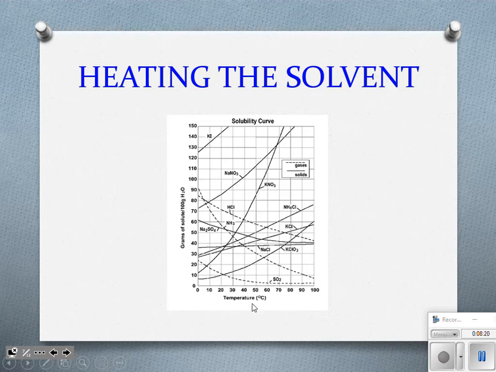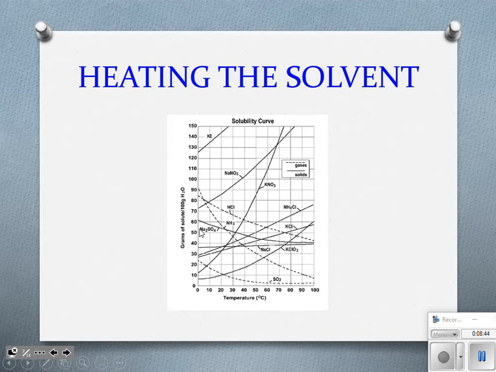Now, of the solid lines, aren't most of them going up as my temperature increases? Okay, I can only see this one right here. Okay, looks like sodium sulfate. That one is going down. Okay, but all of the other ones are increasing. Maybe not by much, but they are indeed increasing.